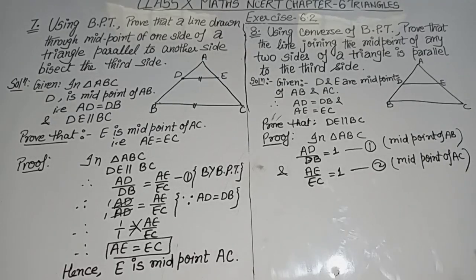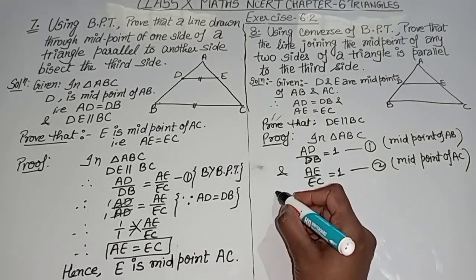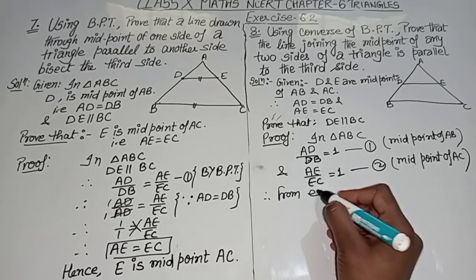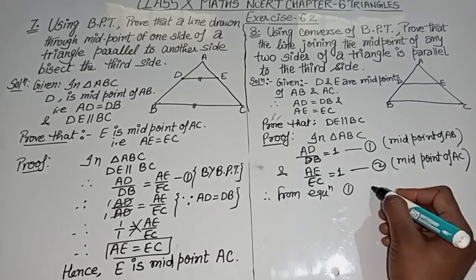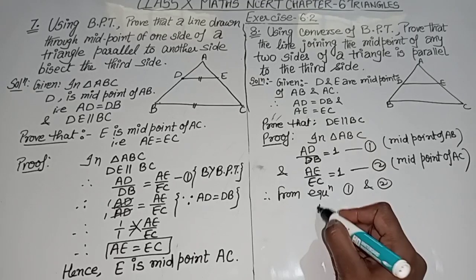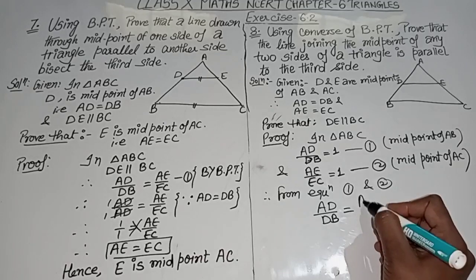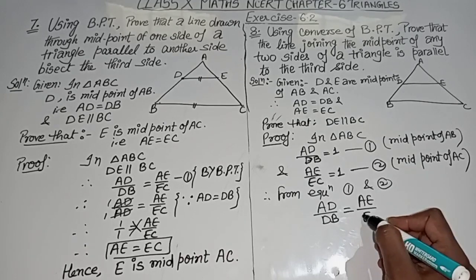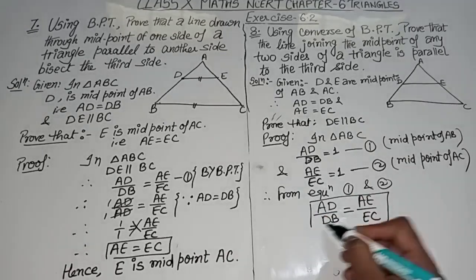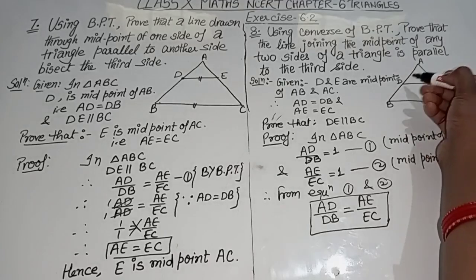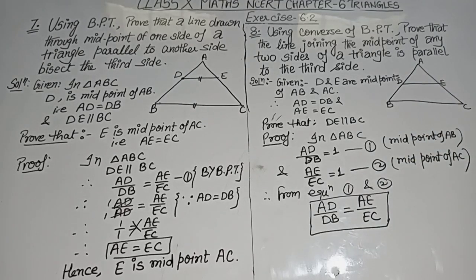So from equations 1 and 2, AD upon DB is equal to AE upon EC.